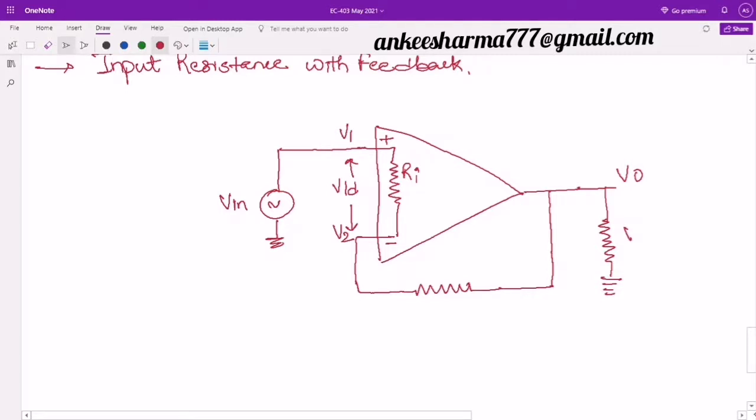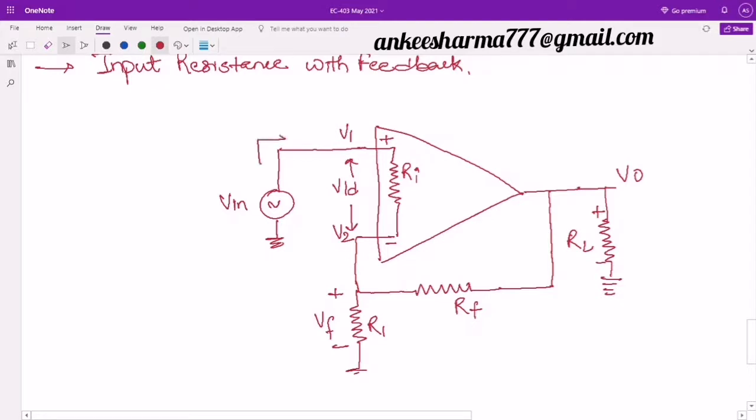So this is my RL, positive negative, right? And here I'm going to have my feedback resistor. The series resistor R1, and this is my feedback resistor RF. And we have obtained this voltage VF across this R1. So I will not discuss all these things.